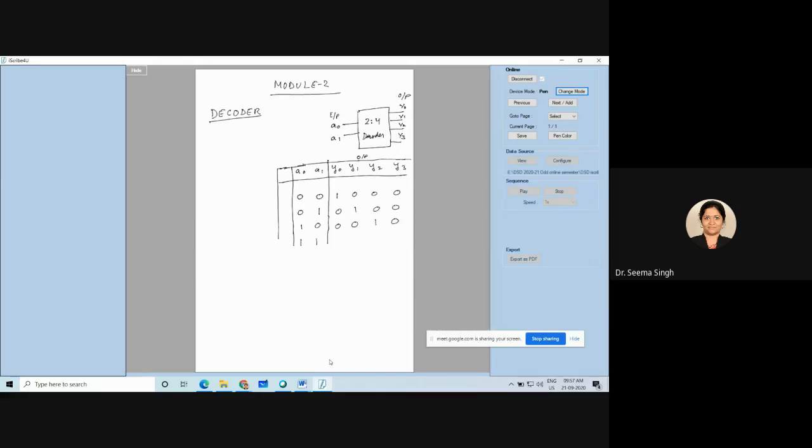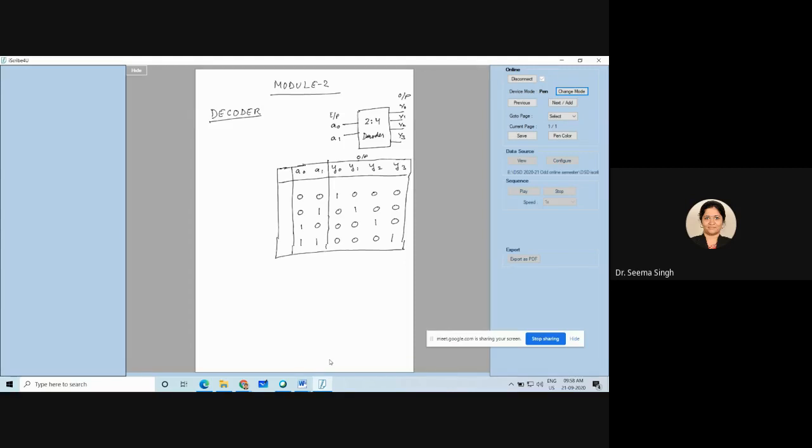So what is happening now? Because I had 2 inputs, there were 4 possibilities: 0, 0, 0, 1, 1, 0 and 1, 1. And the output possibilities are more, but it will depend upon the input. So this is your general basic truth table of a 2:4 decoder.